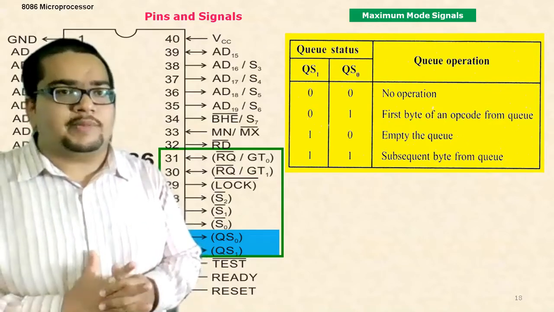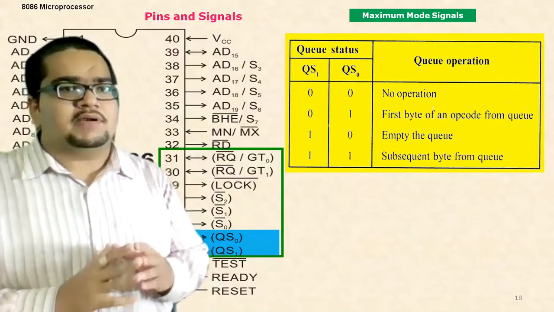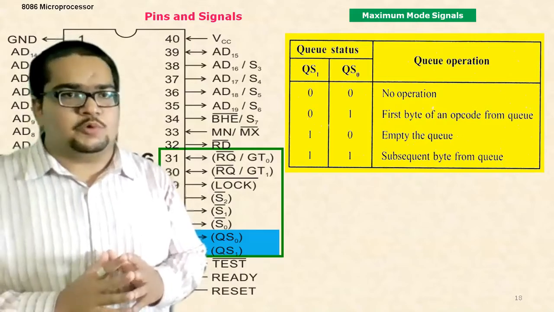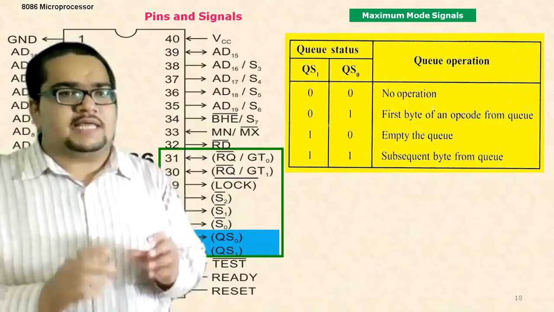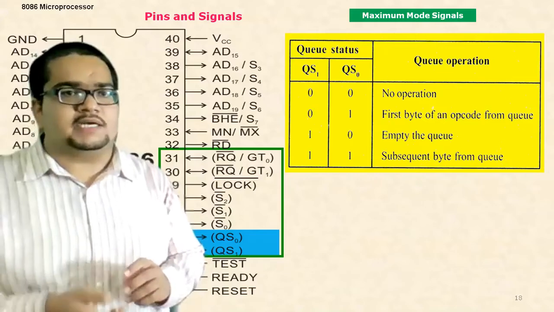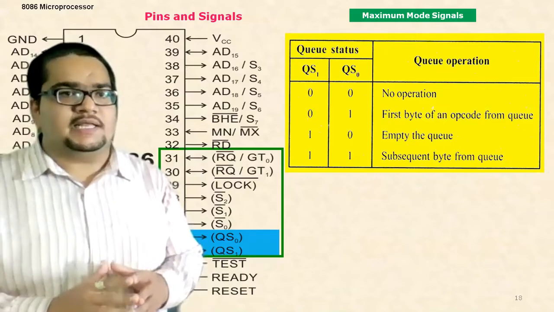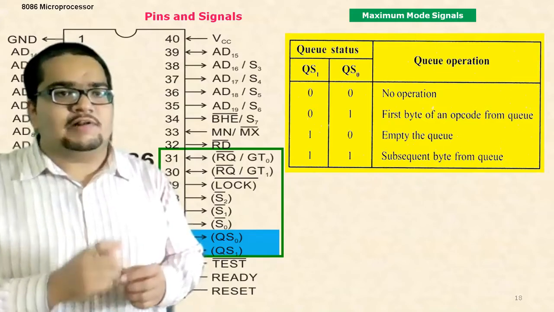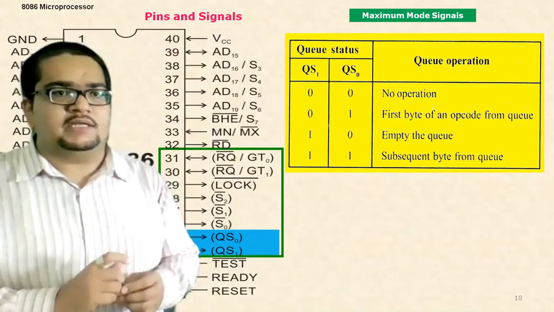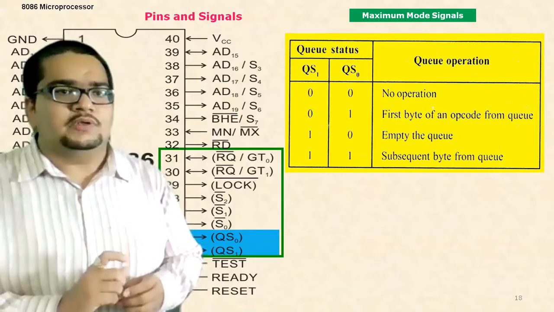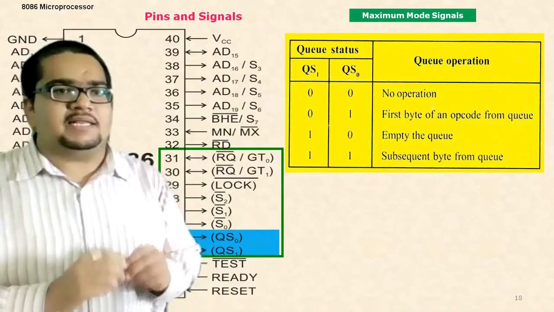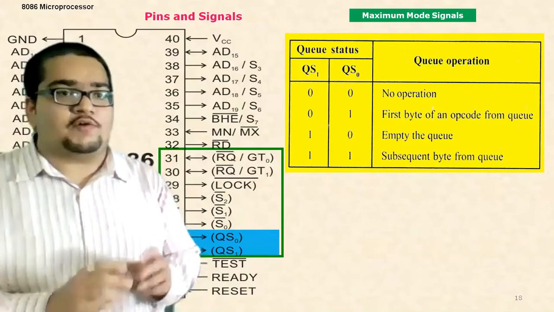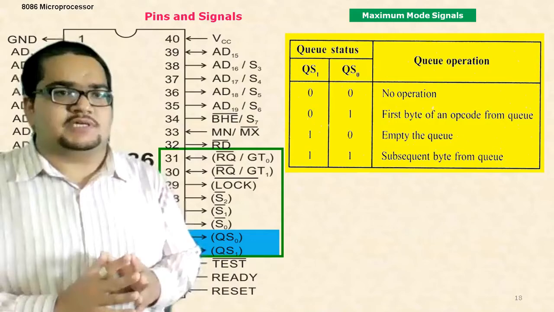First byte of opcode means, when we write instructions in an assembly language program, as we discussed earlier, the assembler is used for converting that into machine code. Basically, for each instruction there will be one machine code equivalent that we call an opcode. Opcode is the binary converted form of our assembly language instruction.